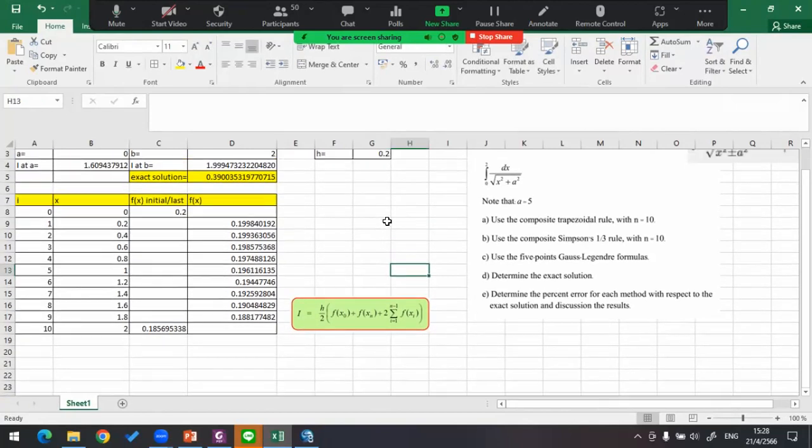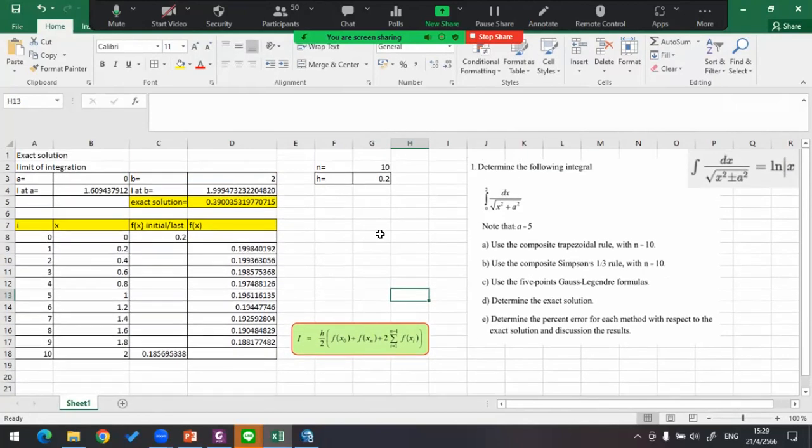Okay. We know that S is equal to 0.2. Okay, we sum up this column. That is actually we determine Fx at the first and the last.